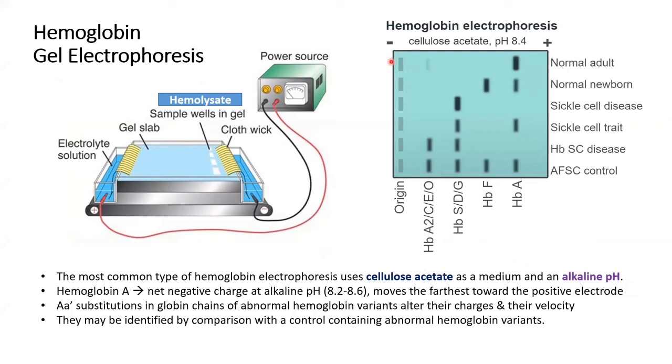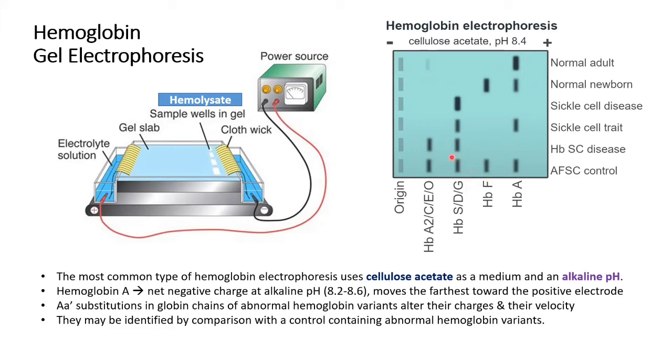At this alkaline pH, the adult hemoglobin moves the farthest towards the positive electrode. You can see here that this is the adult hemoglobin band. Various amino acid substitutions which occur in the globin genes alter the charge present on the hemoglobin molecule, thereby altering the velocity at which they travel through the gel. So normal adult hemoglobin travels the farthest, followed by fetal hemoglobin.